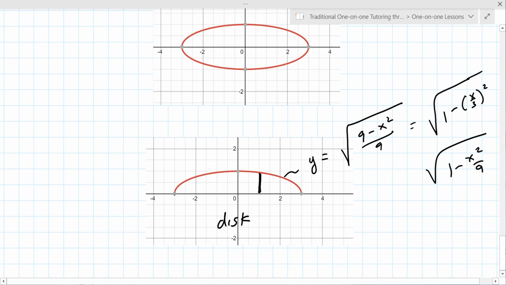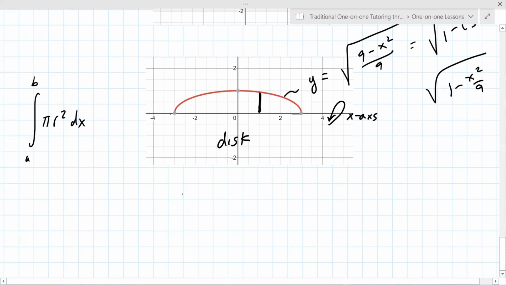It's a disk problem because you're revolving around the x-axis and there is no gap. You're on the sideline. There's nothing between you and being out of bounds. So the disk problems are all the same. You integrate pi r squared dx from a to b.